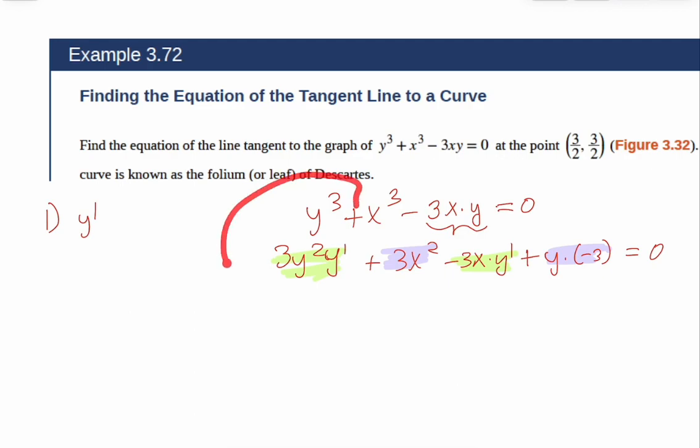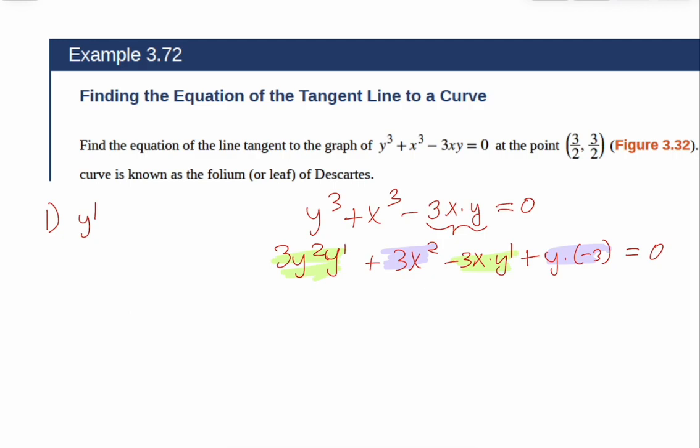So when I did this derivative, I got a y prime. This derivative here, when I did first times the derivative of that piece, I tacked on a y prime. So anytime you take a derivative of a y, it gets an extra little piece. It gets a y prime. Whatever it normally should be, times y prime. Just tack on a y prime, okay?